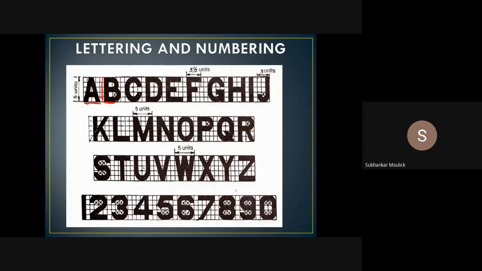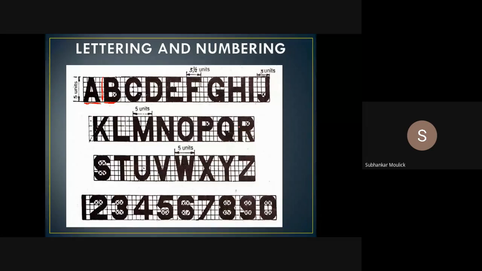But there are some exceptions. What is the exception? See F. The height of F is 5 units, but the length of F is 3.5 units. See J. The height of J is 1, 2, 3, 4, then from the fourth unit there is a little bit of a curved line. See the length of J. The length of J is around 3 units. Fine.